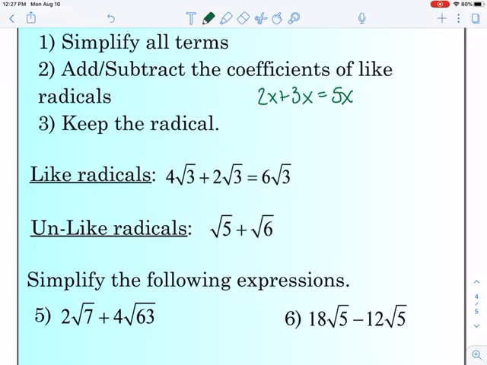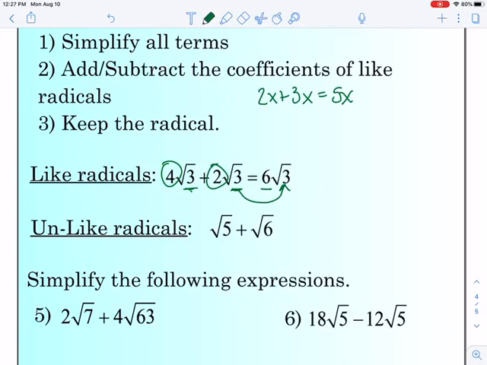So 4 radical 3 and 2 radical 3, those two numbers are the same. So 4 plus 2 gives you that 6. And then again, we just bring over that radical 3. What is underneath that radical house does not change. It is like an x. So 4x plus 2x would be 6x. Therefore, this is 6 radical 3.